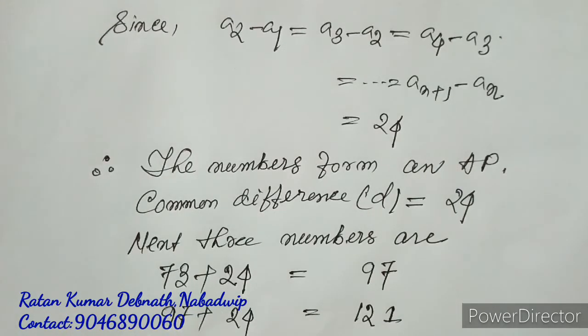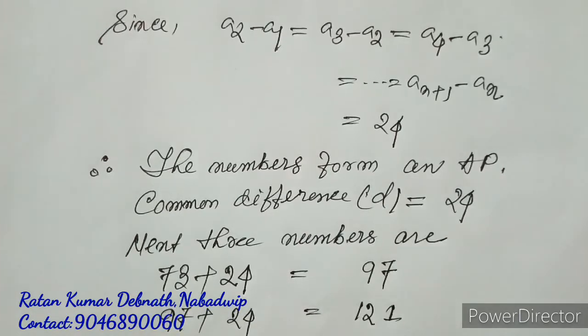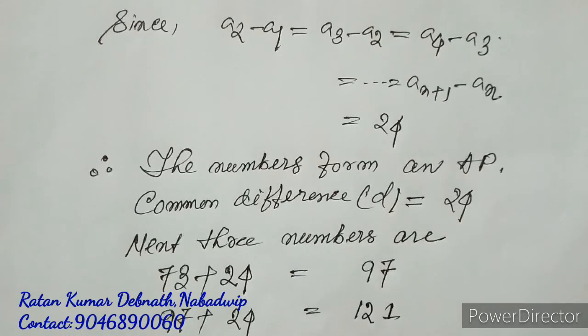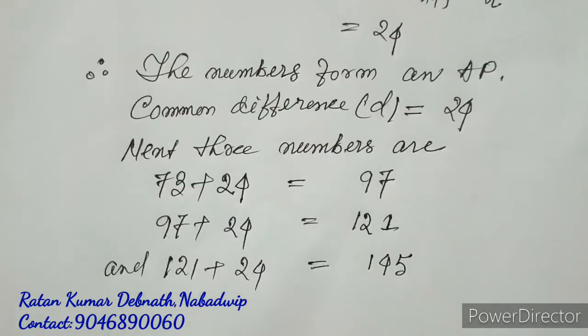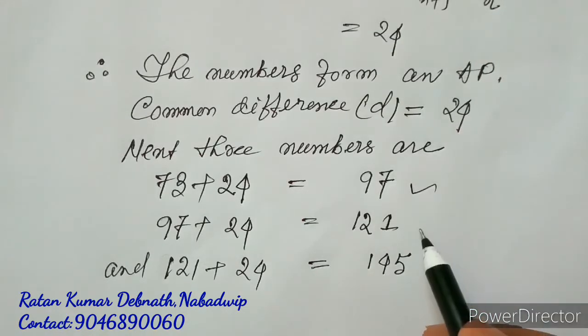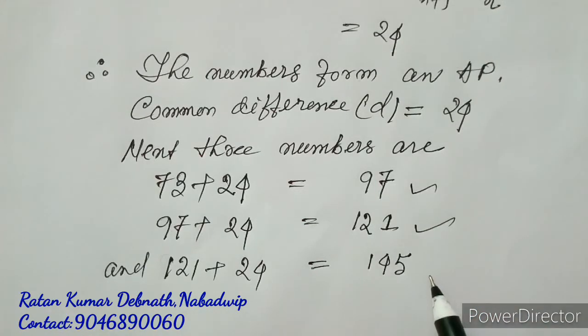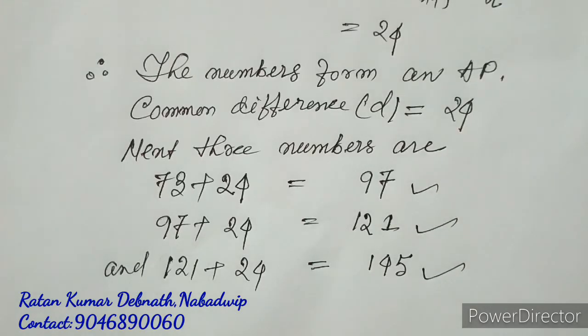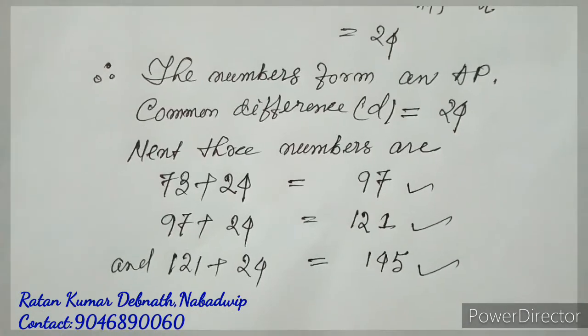And next number 121 plus 24 results in 145. So the next three numbers of this series are 97, 121 and 145. That's all about the question number 4.